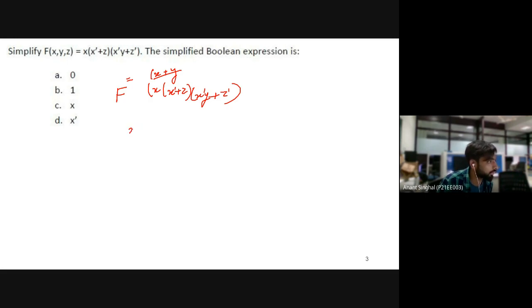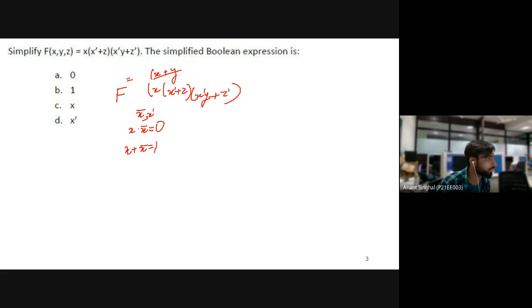When x is multiplied by x bar, it is nothing but zero. x bar can be denoted like this and like this. These are the two methodologies that we can take to denote x bar, so I can denote any of them anywhere. Please be careful. x dot x bar is 0, and another is x plus x bar is 1.